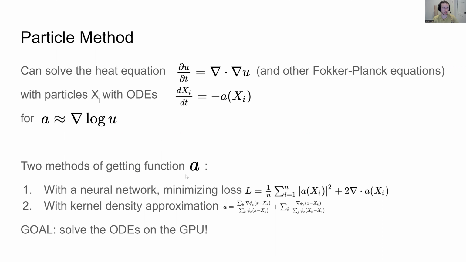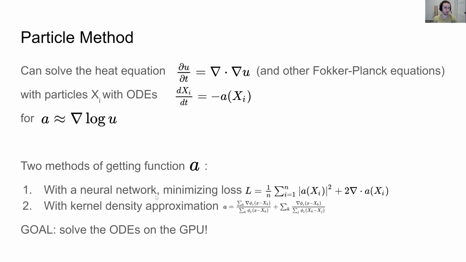The two methods of getting this function a that I'm using in my research are with a neural network, minimizing this loss, and with kernel density approximation using this expression here. So the important parts are the neural network.